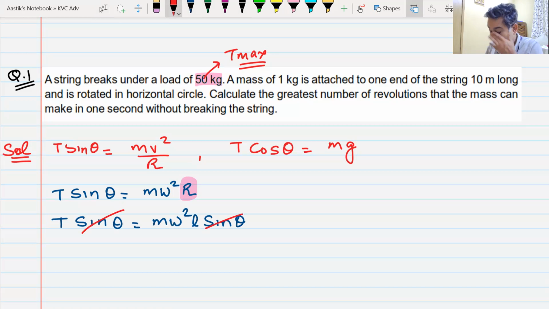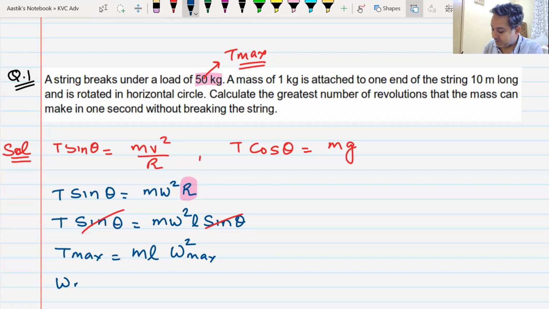This goes away, this goes away. When T becomes maximum, m into L into omega becomes maximum. So omega maximum becomes under root of T max by m into L.